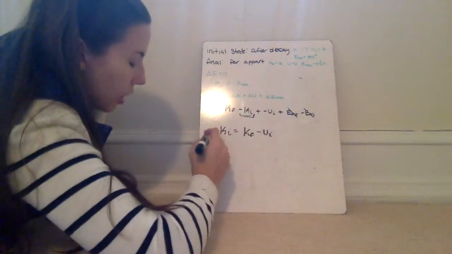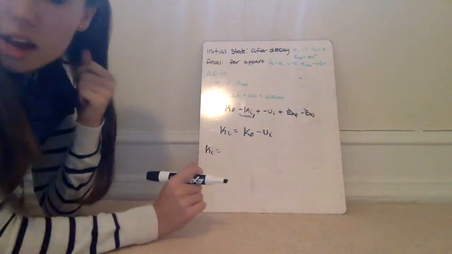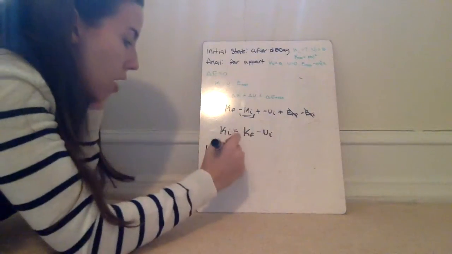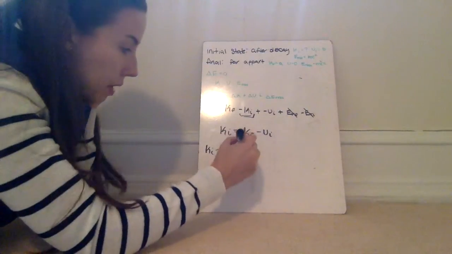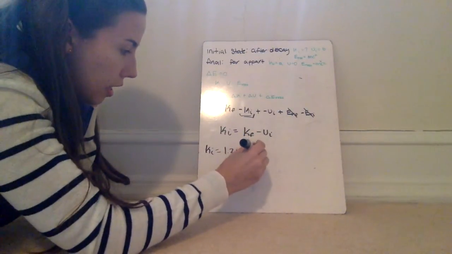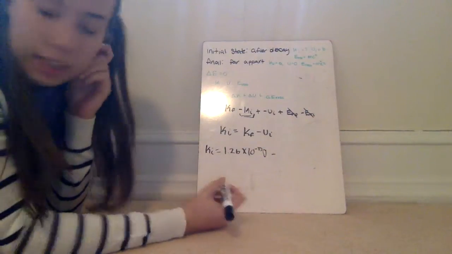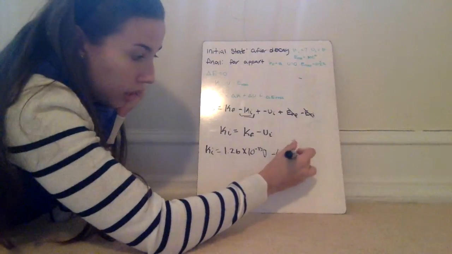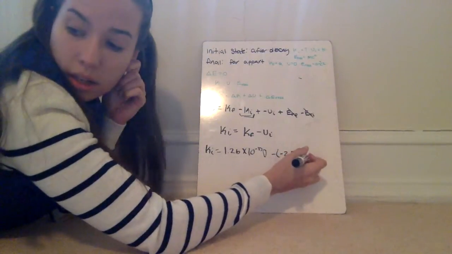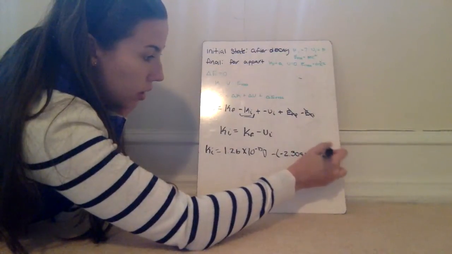We can plug in our numbers from part A and part B, and I'll go ahead and tell you what those numbers were. In part A, I got 1.26 times 10 to the negative 13 joules. And in part B, so we're going to subtract it, I got negative 2.304 times 10 to the negative 13 joules again.